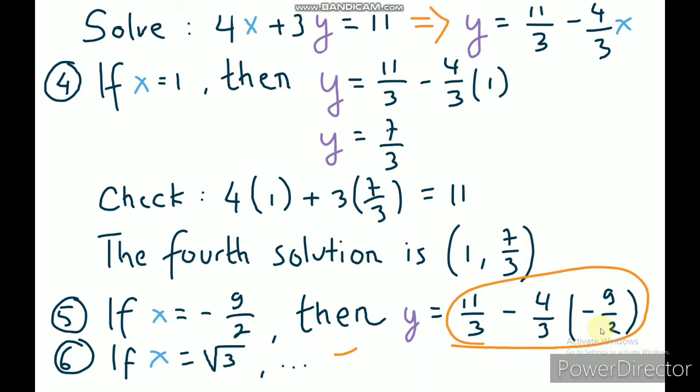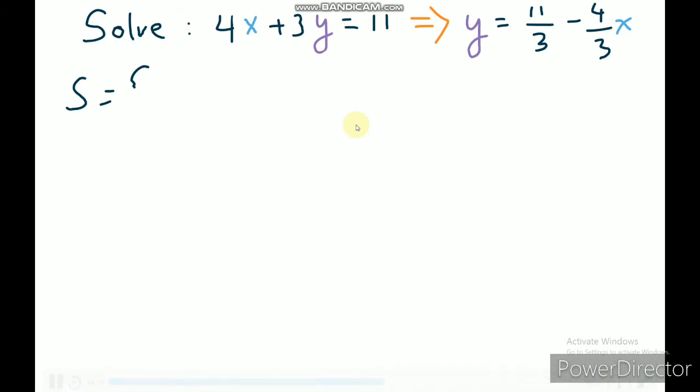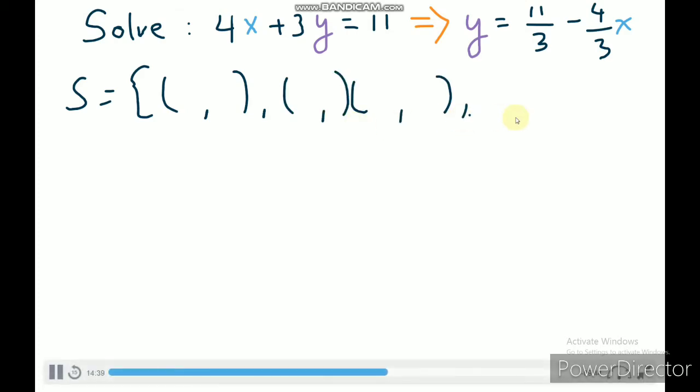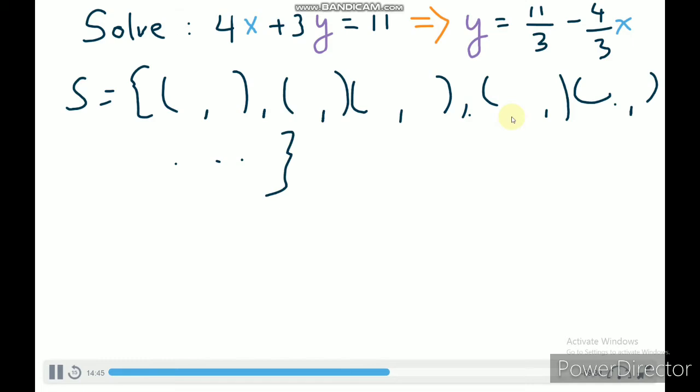Listing all possible solutions is not a good way for you to do that, since we have only had like 5 or 6, and then you keep doing this, showing the list of your ordered pairs one by one. It is very time consuming. It will be endless. So you cannot use a solution set in this way.